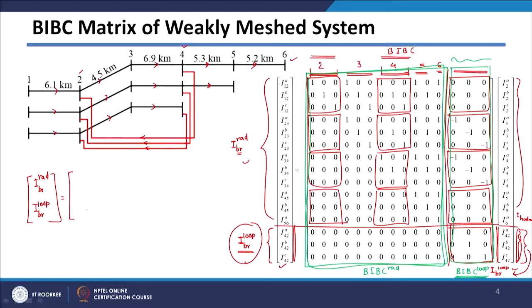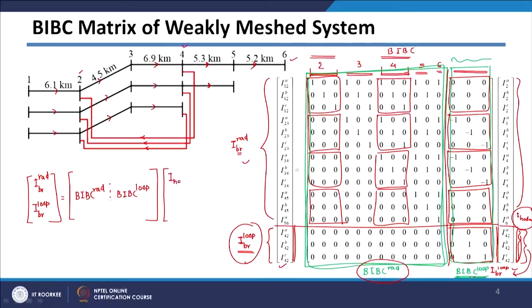And then we have seen this part of the BIBC matrix we are calling BIBC radial part, and this part of columns we are calling BIBC loop, and this is getting multiplied with this part we have called I node.